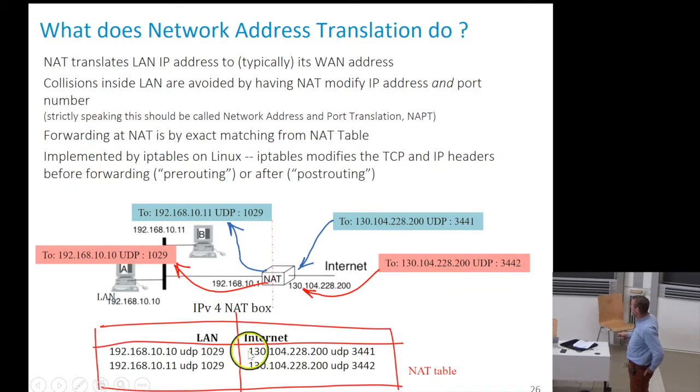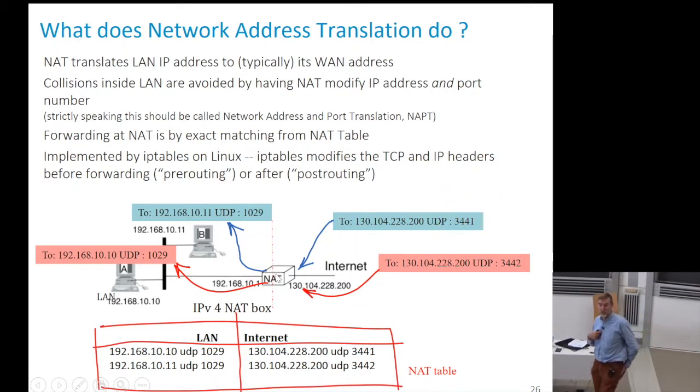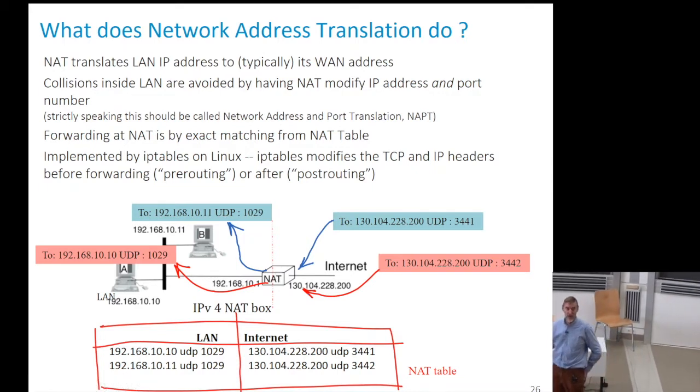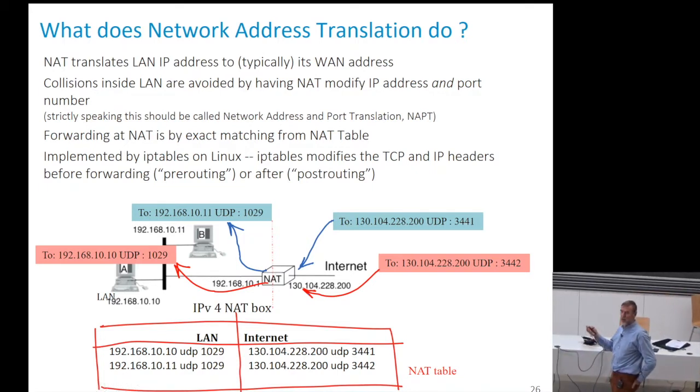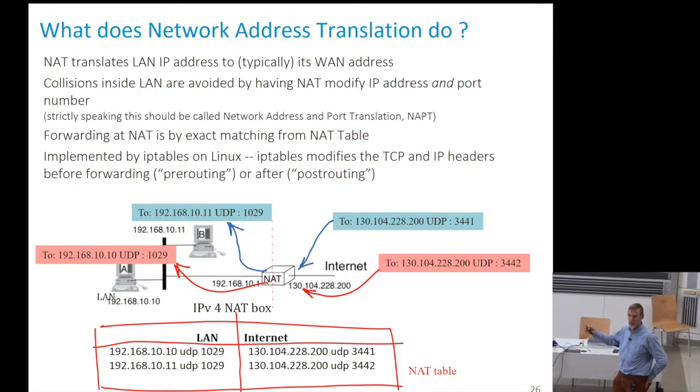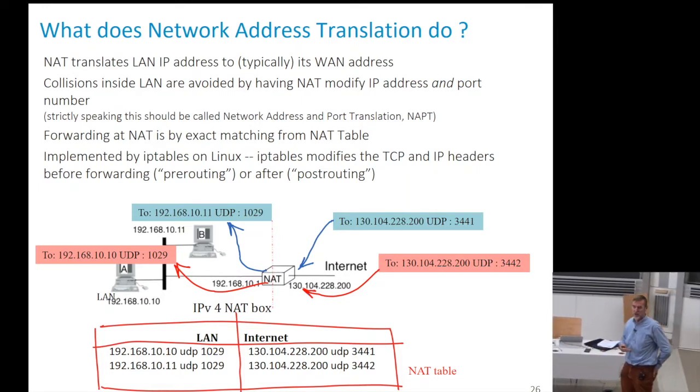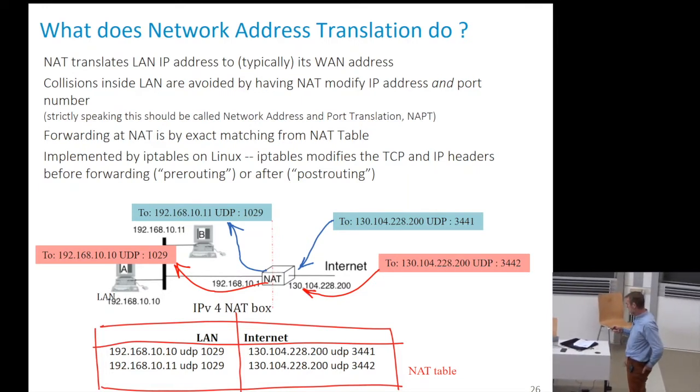So when a packet comes from the outside world to this destination address and this port number, by looking at the port number, the NAT knows this packet is not for me, because you could also speak to the NAT. You can configure it remotely. Swisscom does it for you. They can speak to your NAT. They can download software into your ADSL modem, for example. But it knows from the port number that it's one of the port numbers that is in my NAT table.